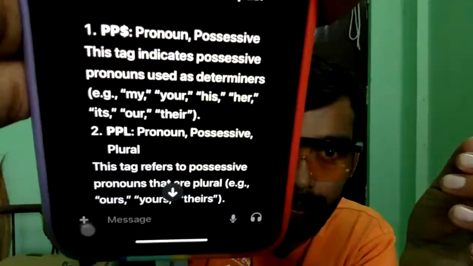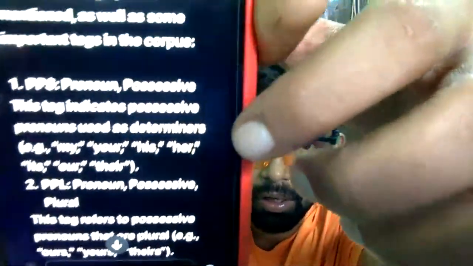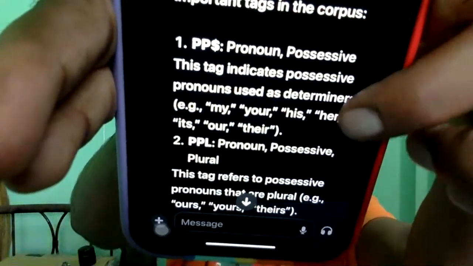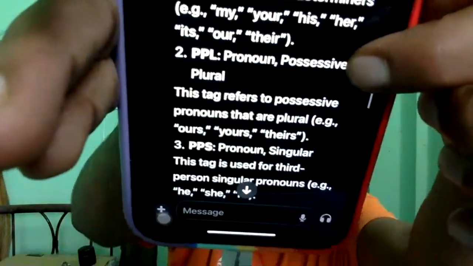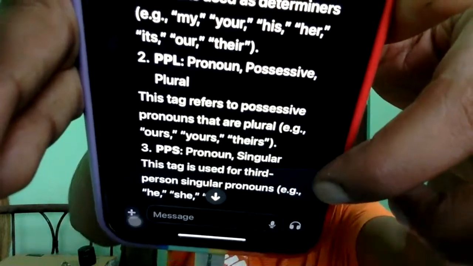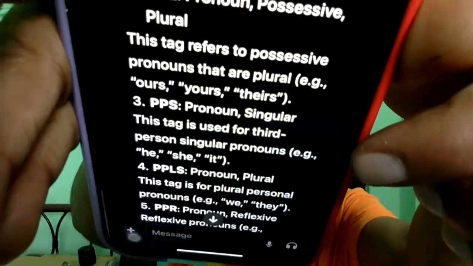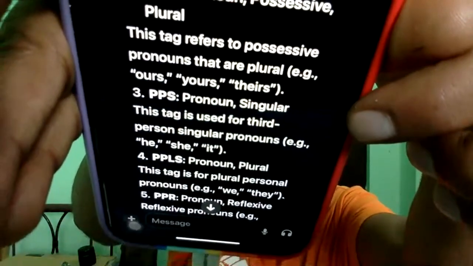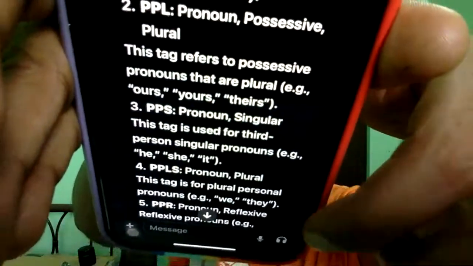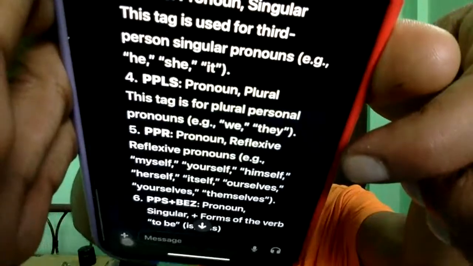So PP$, and then what's next is pronoun possessive PP$$, ours, yours, theirs. Then PPS, for pronoun singular, he, she, it. PPSS, pronoun plural, we, they.